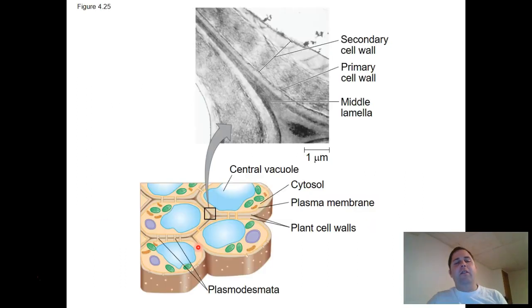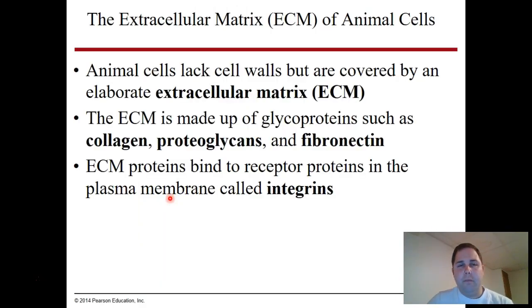So those are channels between plant cells that will actually allow fluids and sugars and some small proteins to flow between adjacent cytoplasms. And so in a multicellular organism, this becomes a way that materials can be shared between the cells in a much easier fashion than excreting it to the exterior environment and then importing it back in.